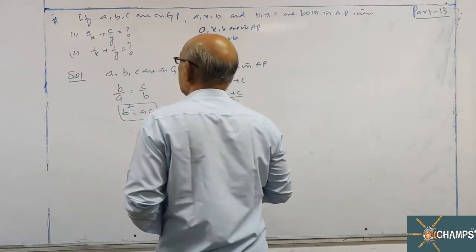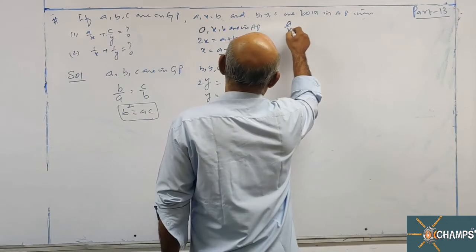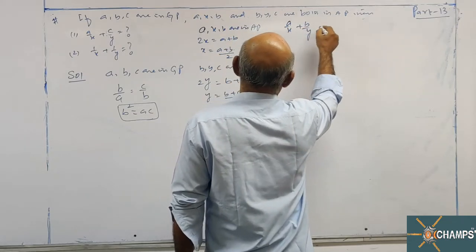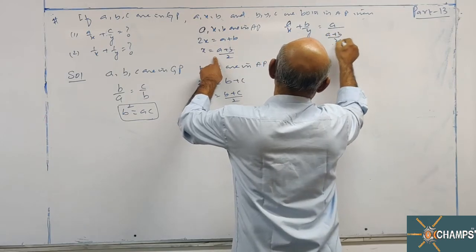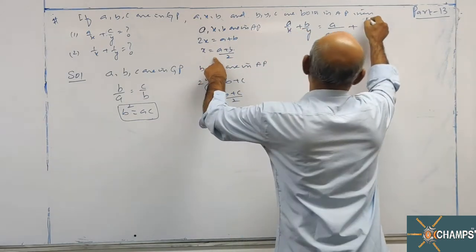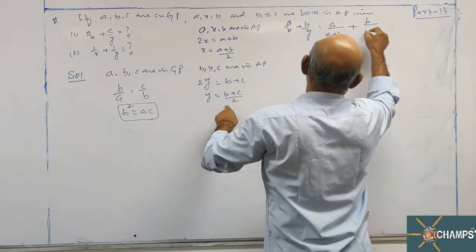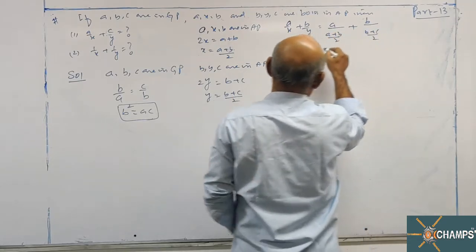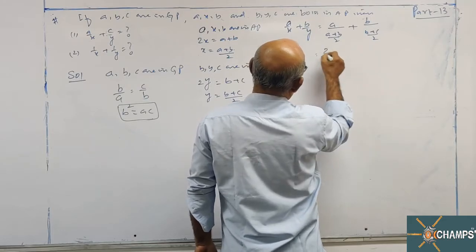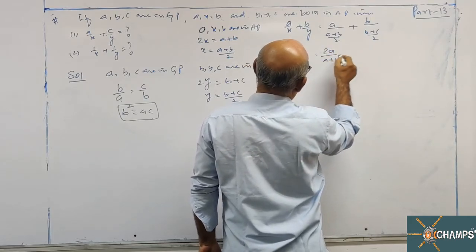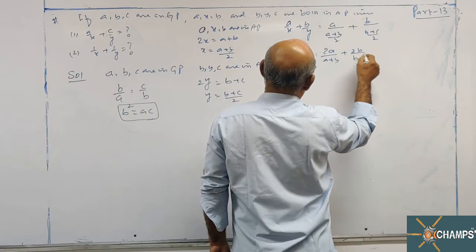Look at the first relation we have: A by X plus C by Y. X can be replaced with (A plus B) by 2, plus C by Y, where Y can be replaced with (B plus C) by 2. This is 2A by (A plus B) plus 2C by (B plus C).